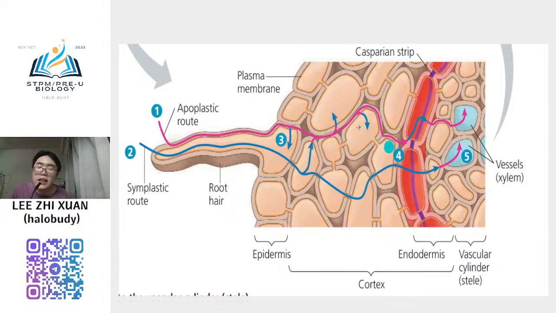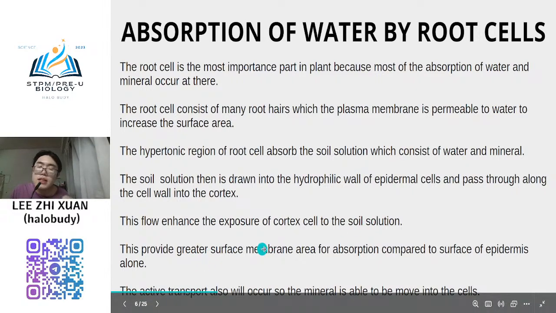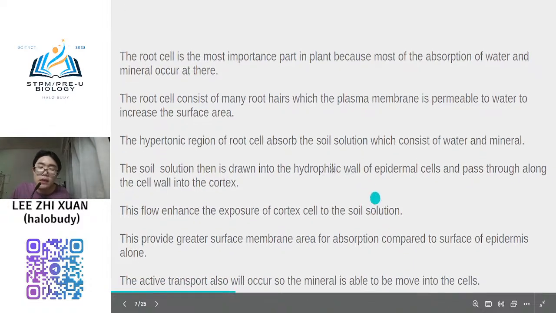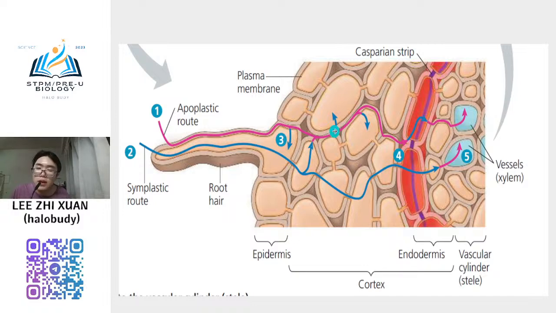So why does it contain many cortex cells here? Why does the epidermis not directly enter the xylem vessel? Because it needs to enhance the exposure of the cortex cell to the soil solution and provide a greater surface membrane area for absorption. If there is a cortex, it can increase the surface area too, so that more water molecules can accumulate here and then pass through into the xylem vessel.